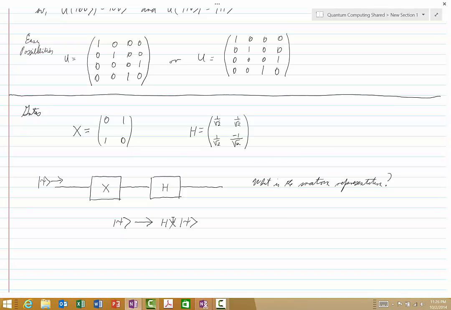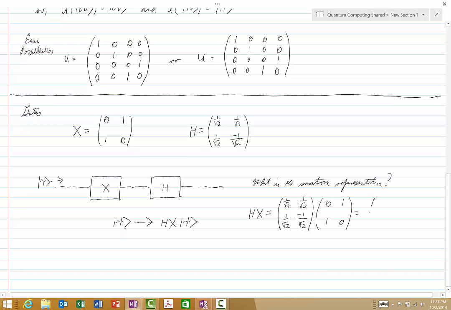And of course, now that you know that for the matrices the correct order is HX, it would be easy to answer this question, because you would just say HX is equal to 1 over square root of 2, 1 over square root of 2, 1 over square root of 2, minus 1 over square root of 2, and then X is 0, 1, 1, 0.